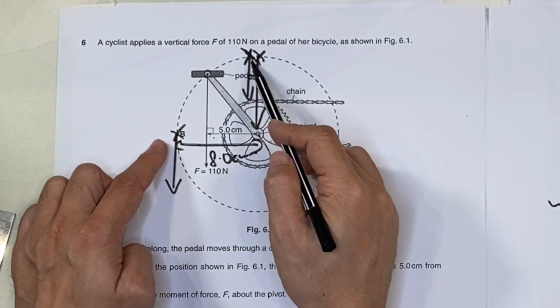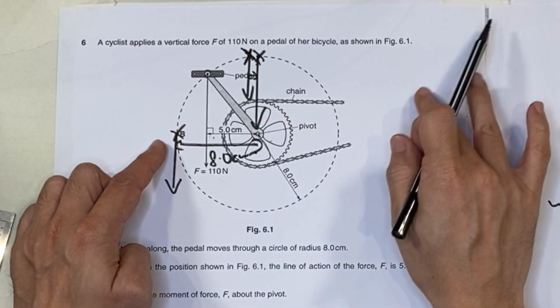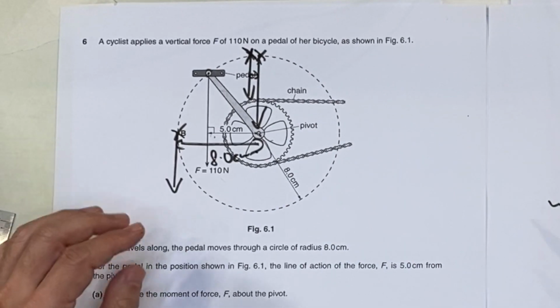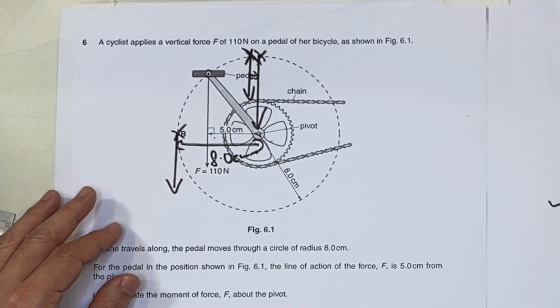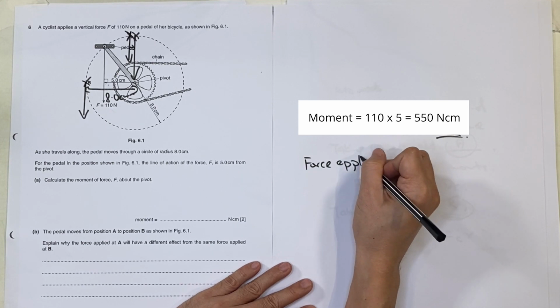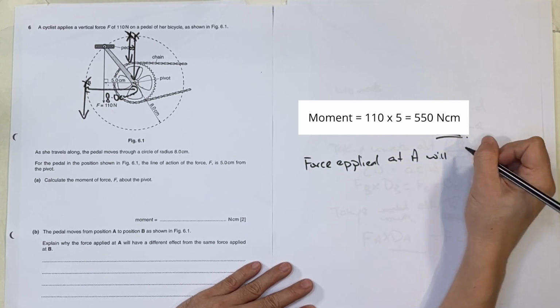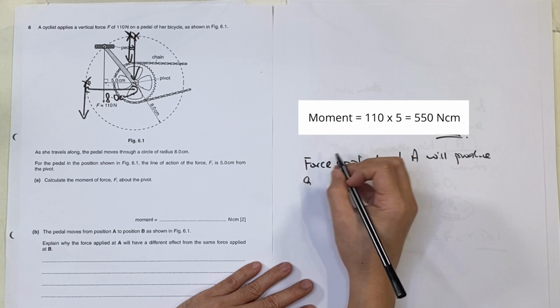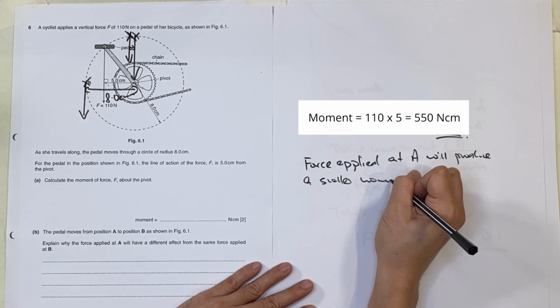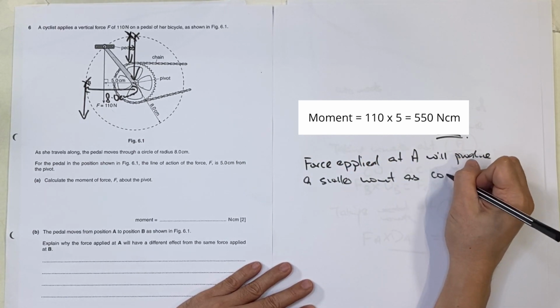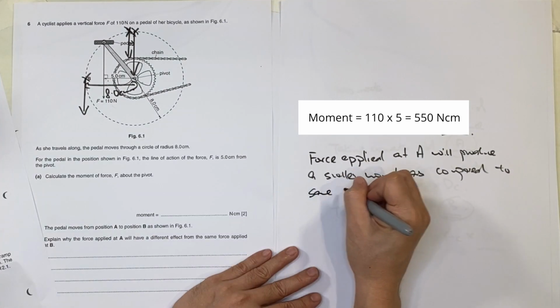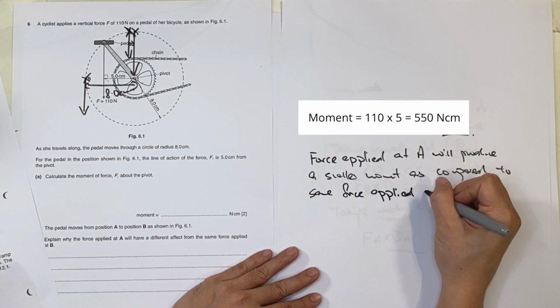That's why over here is much harder to produce a similar turning force at the gear that will turn the wheel. So the force will have a different effect. Force applied at A will produce a smaller moment compared to the same force applied at B.